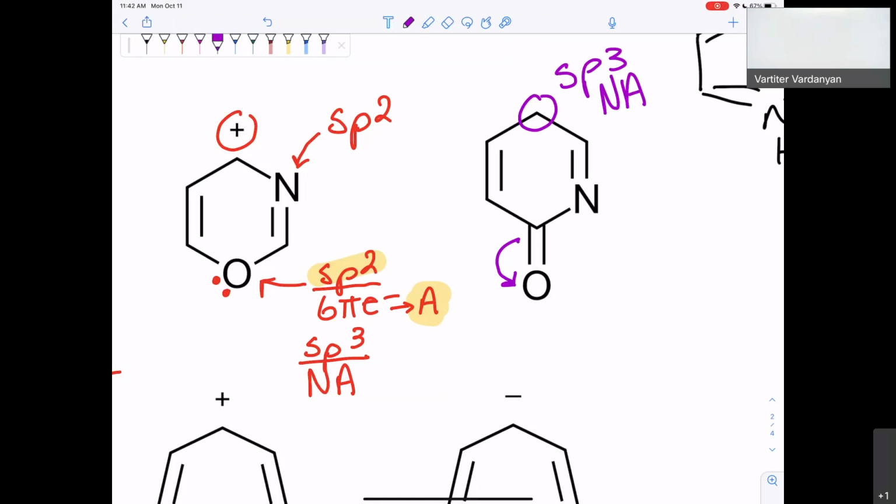That's a really good question, and I do want to talk about that right quick. The question was, is conjugation strictly carbon atoms or can it have heteroatoms? In general, conjugation can be anything that's sp2. So it can definitely count heteroatoms, positive charges, negative charges, radicals, all that kind of stuff.